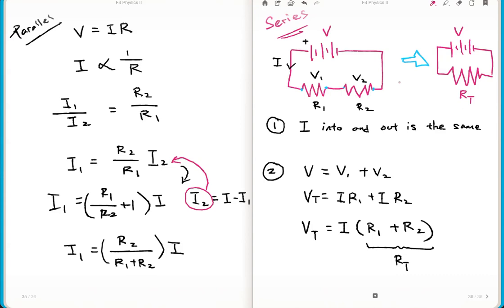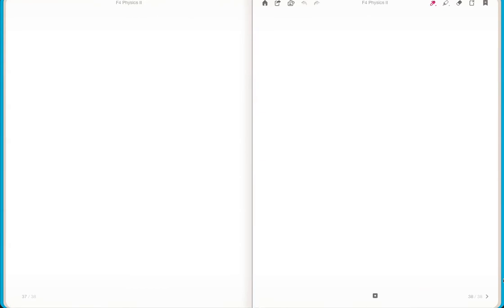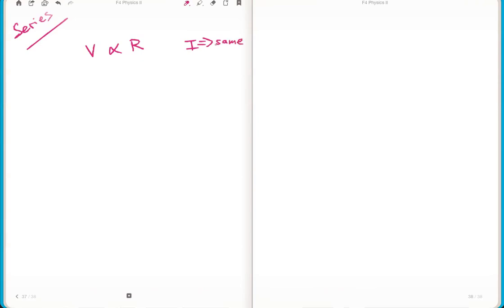Okay, so for series circuit, we are talking about here, in series, V is directly proportional to R because the I is the same for all resistors. So your I equals V1 over R1, which is also equal to V2 over R2.